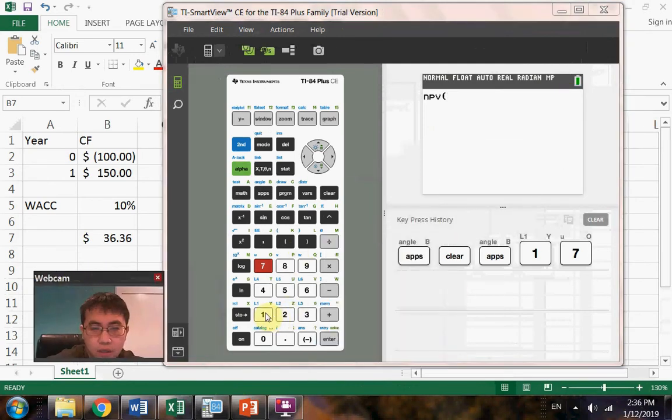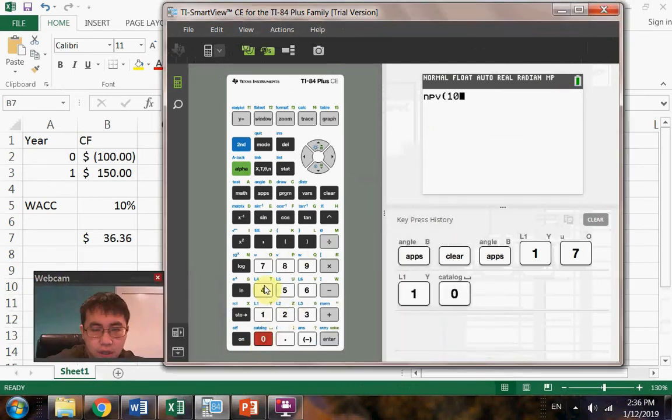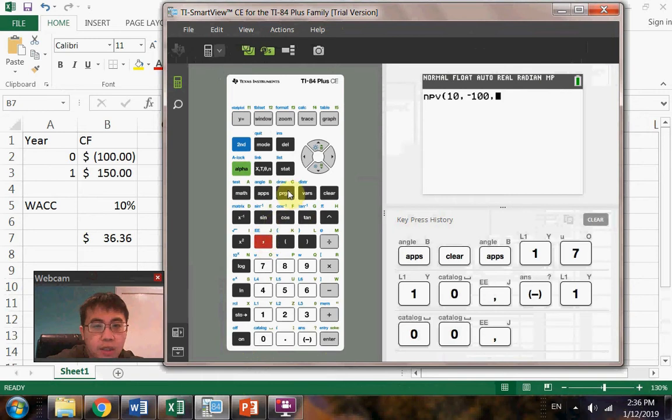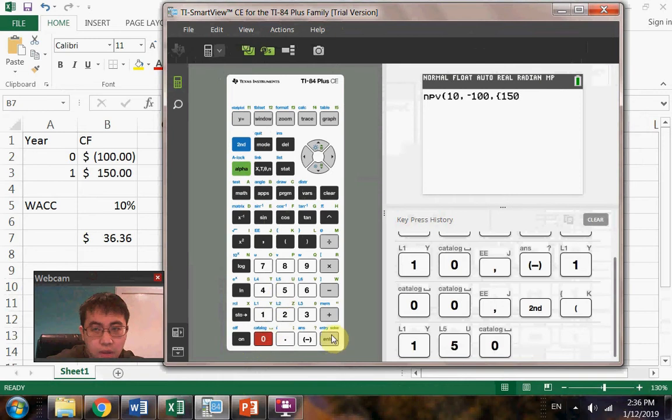So you put a 10 first, then comma, and then you put negative 100 for cash flow 0, then comma, don't forget this comma, and then you put a brace, then you put a 150, and then hit enter. Alright, so you got 36.36. That is your NPV for the project.